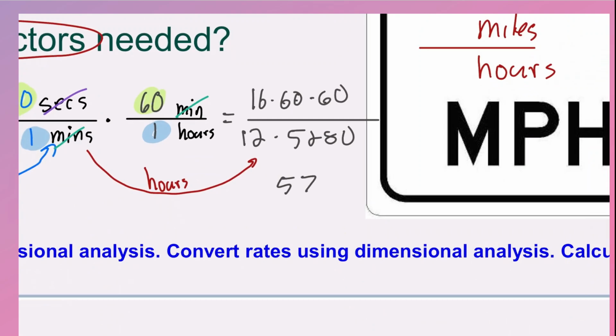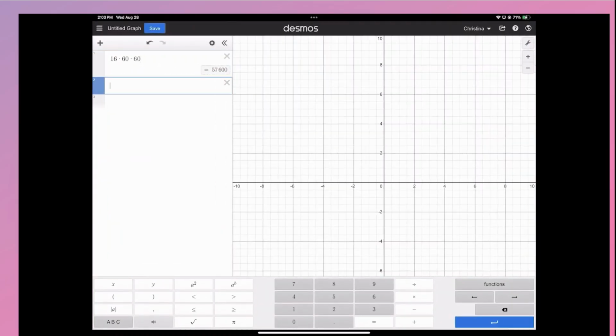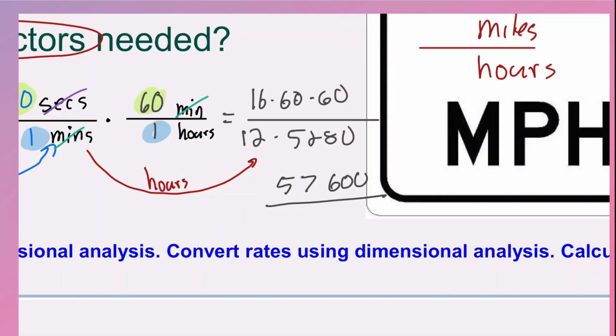Now for the bottom, I'm going to do 12 times 5,280. That's 63,360.